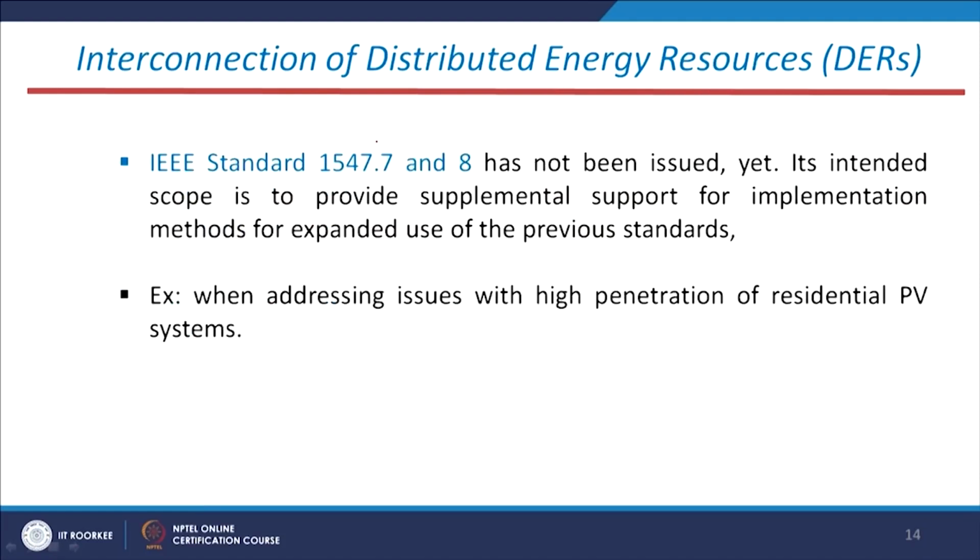Similarly, we have the 7th and 8th series, and these have not been issued yet. They are intended to provide supplemental support, which is expected from the 7th and 8th.